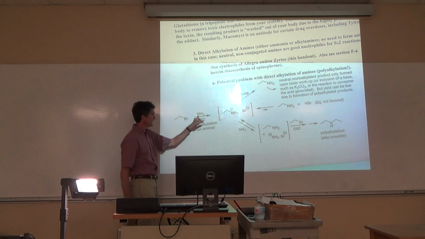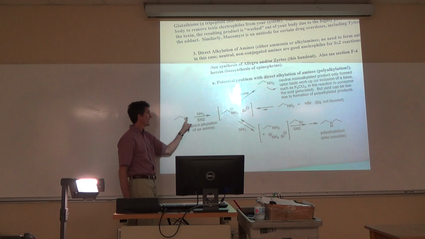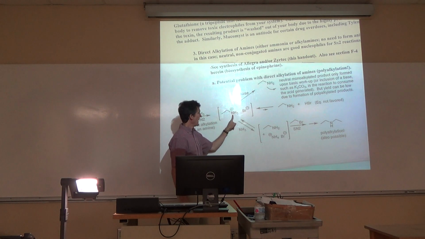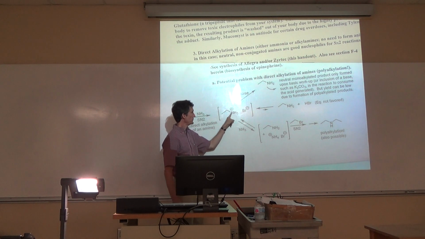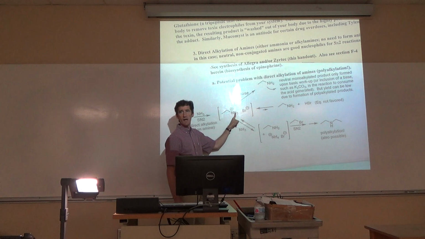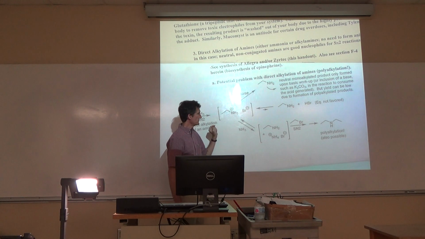We have an sp3 nitrogen. We can put an alkyl group on that sp3 nitrogen. That's what we did here. But we need to include a base because at this point, to go neutral, you've got to remove a proton. And Br minus will not remove a proton. Whatever the leaving group is will not remove the proton. You've got to include another base.